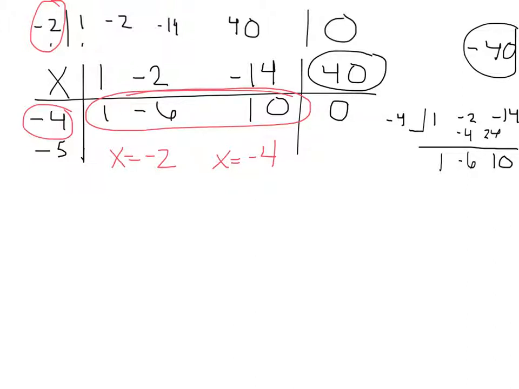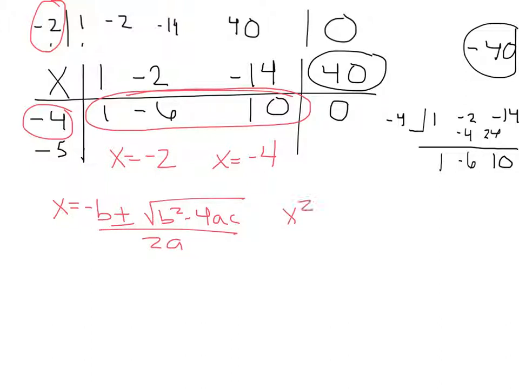And so we're going to be able to use the quadratic formula with that. So we know we're going to use x equals negative b plus or minus the square root of b squared minus 4ac all over 2a. And we're going to be using our new equation, x squared minus 6x plus 10. And if we work through this, we know that a is 1, b is negative 6, and c is 10.